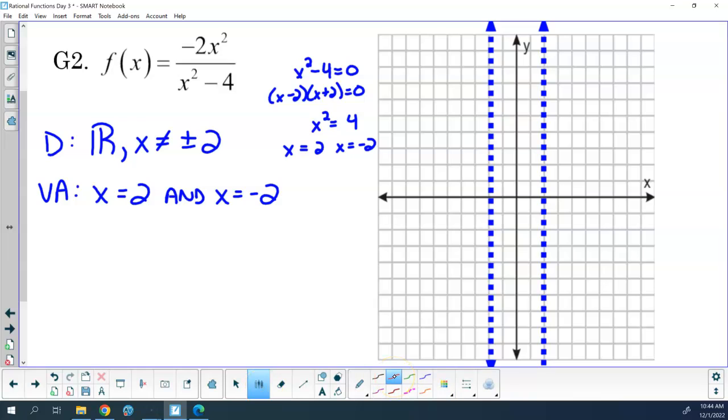Next, I've got my horizontal asymptote. The degree of the top is 2, and the degree of the bottom is 2. Those are the same, so I look at the lead coefficient. Lead coefficient up top is -2, on the bottom is 1. So y equals -2 is my horizontal asymptote.